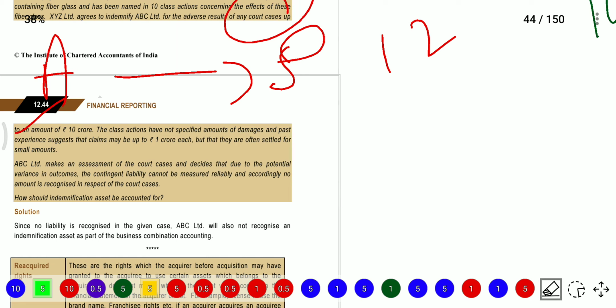So up to 10 crores, if you have any adverse result, they assure that the amount will be payable by that company. Now the class actions have not specified an amount of damages, and past experience suggests that claims may be up to 1 crore each, but that they are often settled for a small amount. Now ABC Limited assesses the court cases and decides that due to potential variance in the outcomes, the contingent liability cannot be measured reliably, and accordingly no amount is recognized for the court cases.